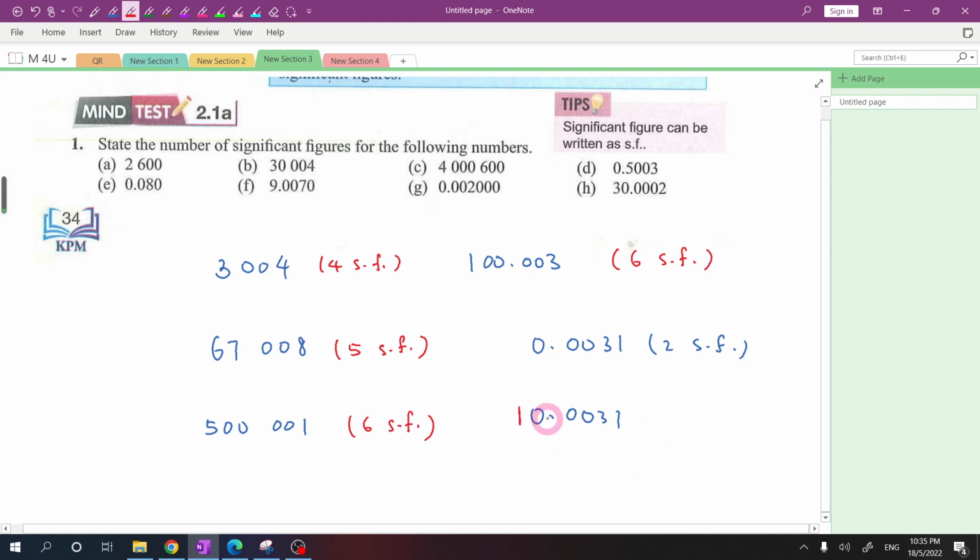You will notice that all the zeros here lie between 2 non-zero digits, right? So this time they are considered significant figures. So we have 1, 2, 3, 4, 5, 6. 6 significant figures. Every 0 lying between 2 non-zero digits is considered a significant figure.